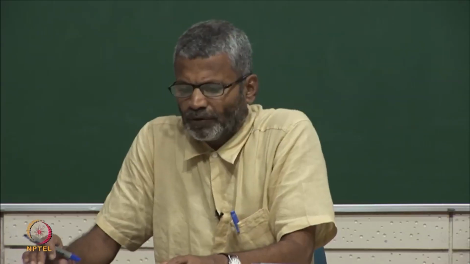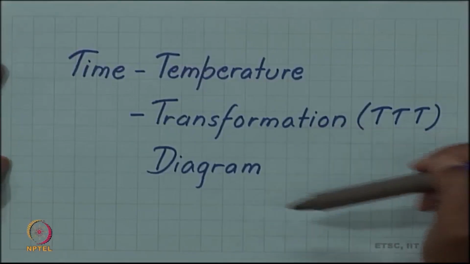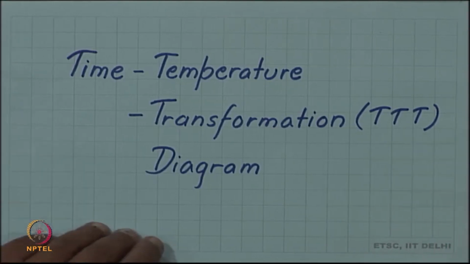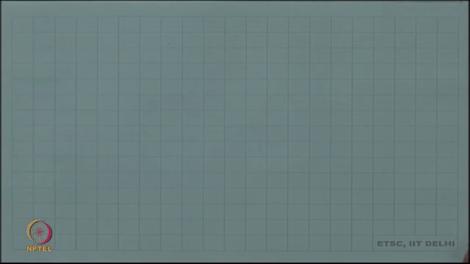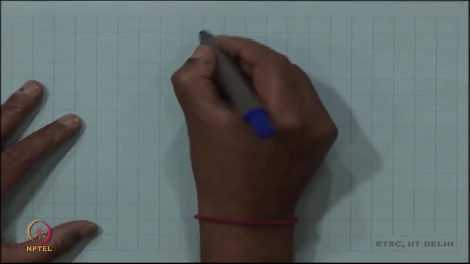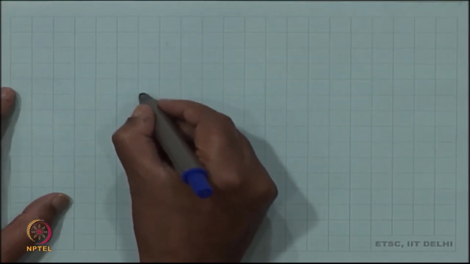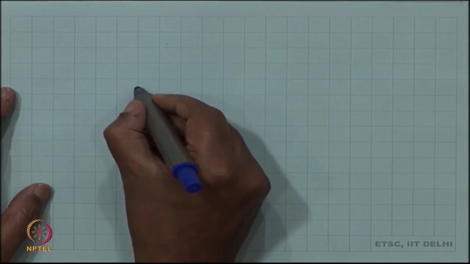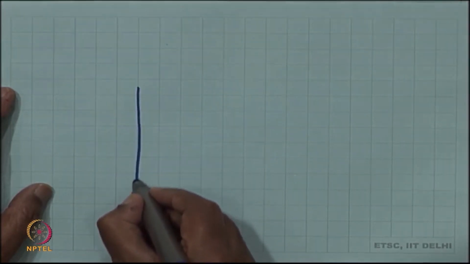Let us look at an important transformation diagram known as the time temperature transformation diagram. This kind of diagram is very important in the study of phase transformation. So, we have already looked at... So, let us make the time temperature transformation diagram. It has a temperature axis.